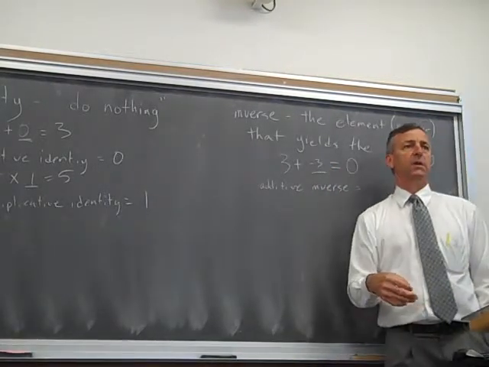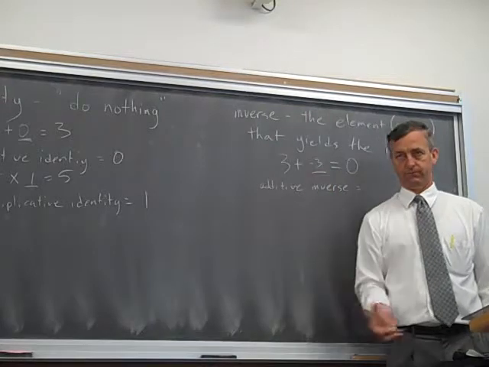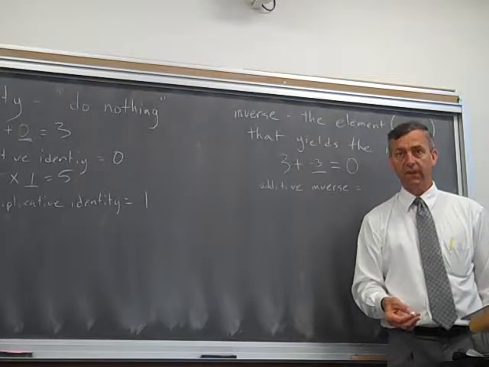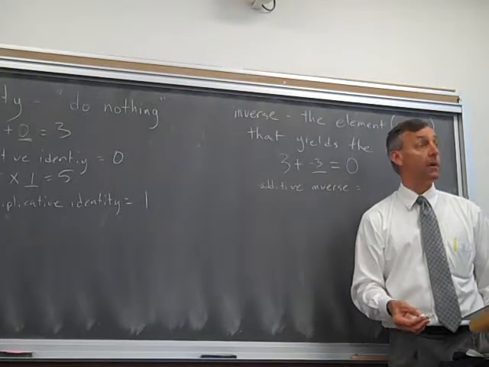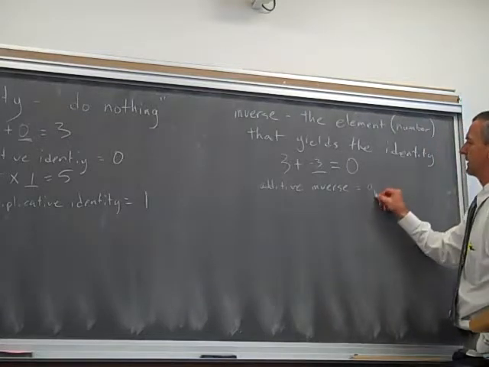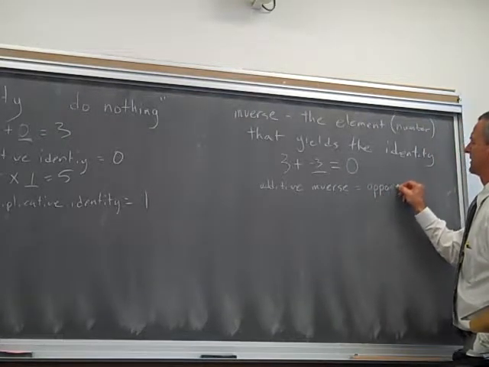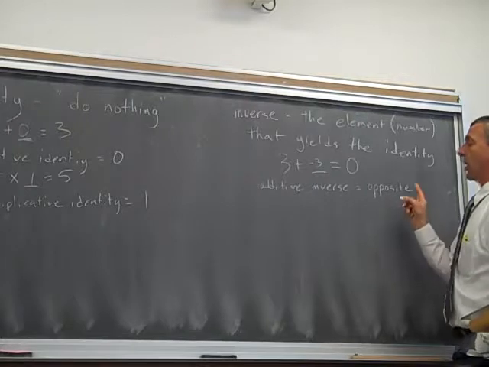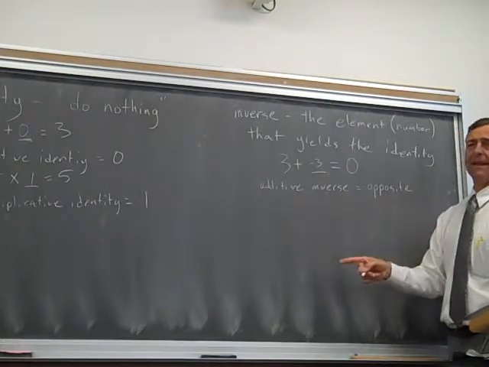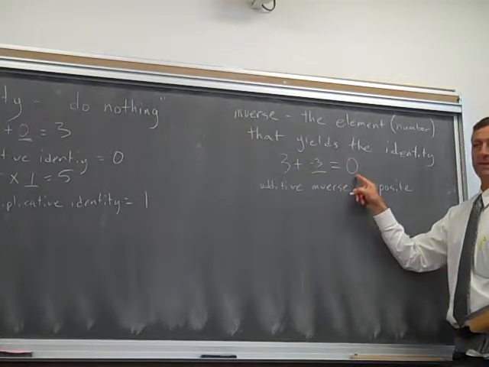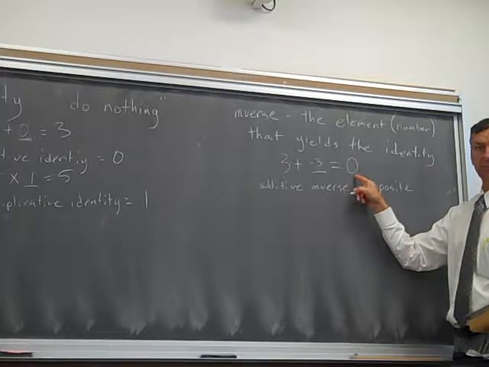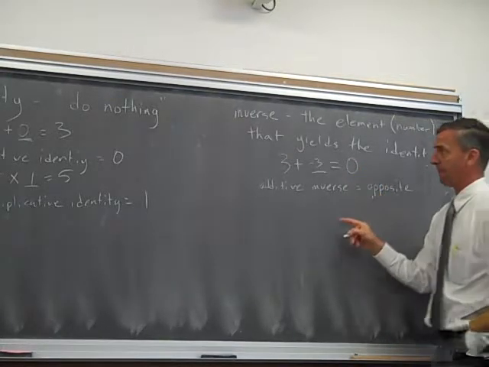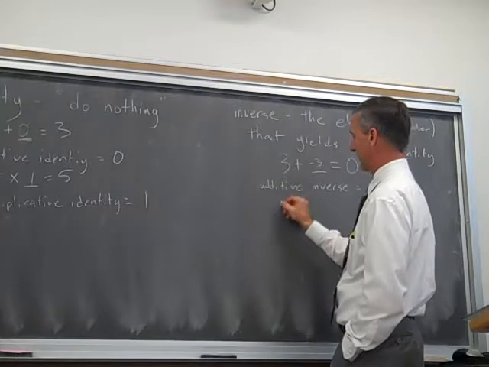But what would be the additive inverse of 7? -7. The opposite, okay? So the opposite is the inverse when we're adding, because it will always give us the additive identity of 0. Does that make sense?